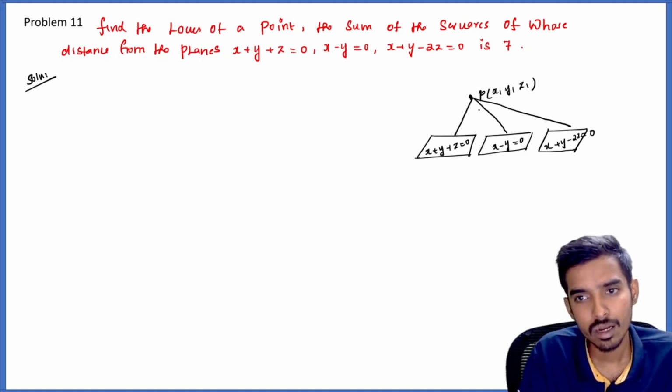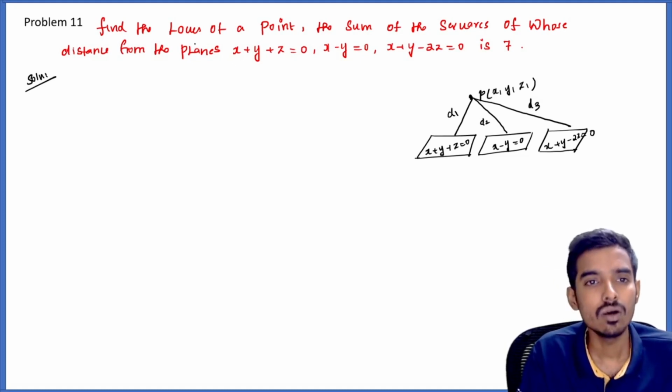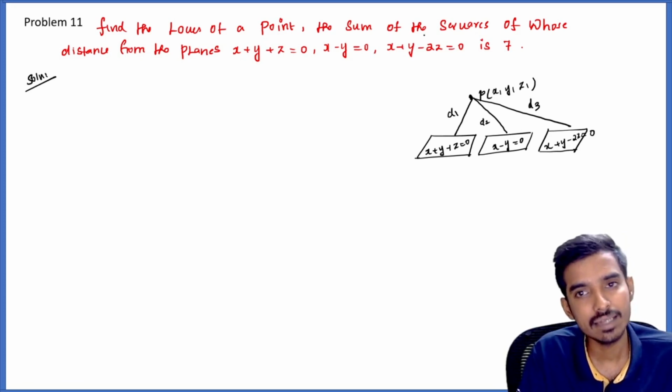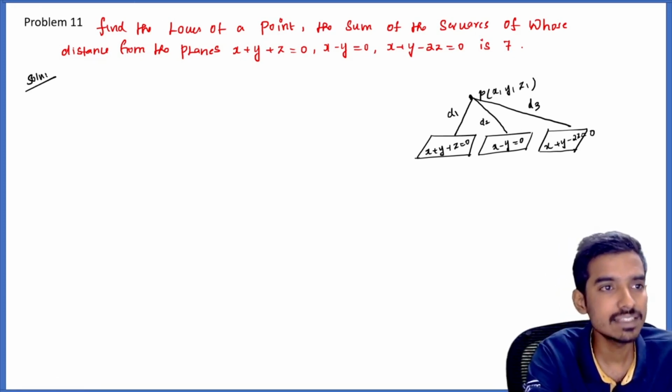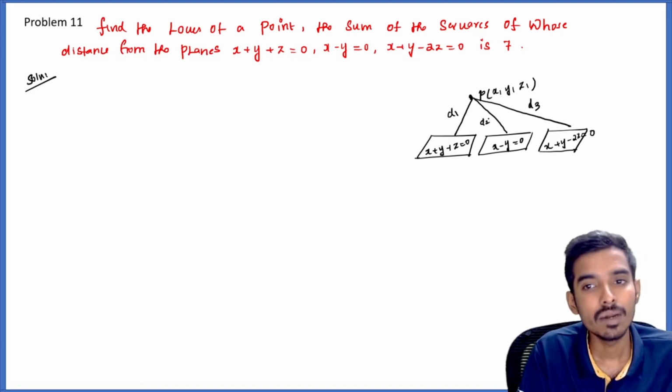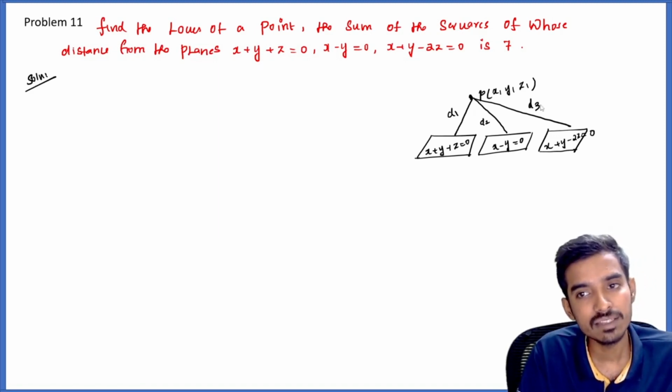Now, let us call these D1, D2, D3. Now we need to find all those points P such that d1 square plus d2 square plus d3 square has to be equal to 7, right? Find the locus of a point P such that the sum of the squares of whose distance from the planes is 7. That is, we need to find all those x1, y1, z1 such that d1 square plus d2 square plus d3 square.